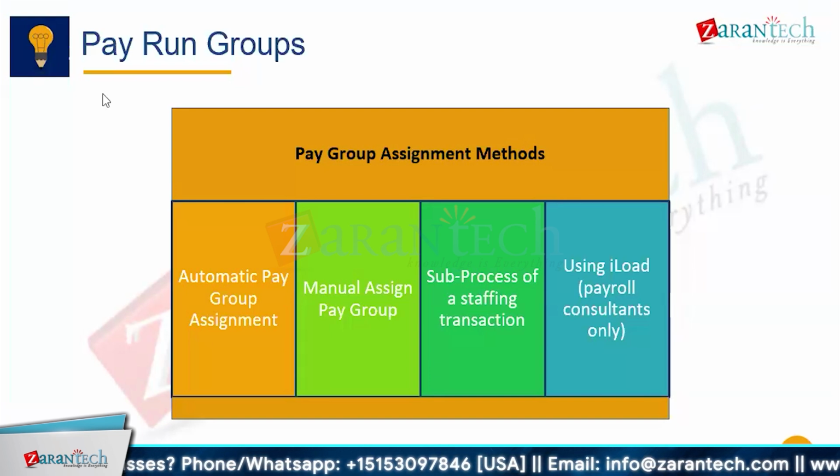All right. So this makes the life of a payroll administrator very easy, that you don't have to manually assign pay groups to employees or do EIB data loads to mass assign pay groups. So whenever a person is hired, your pay group assignment rules kick in, and it auto assigns the pay groups to the employees.